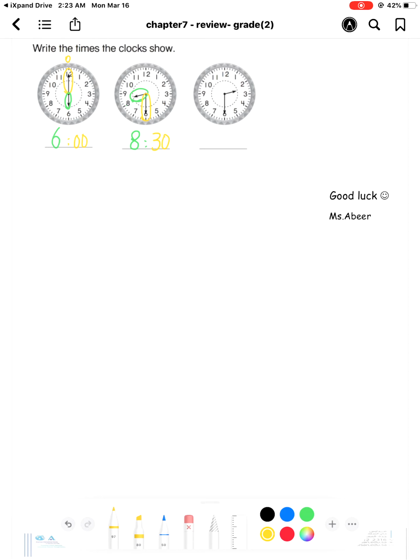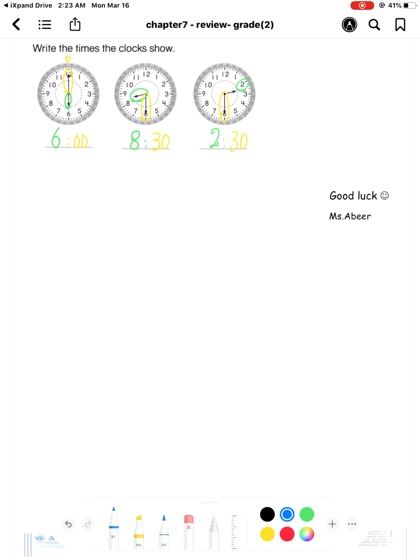Now let's move to the last clock we have for today. The hours hand is at 2, so we are writing 2 here. And what about the minutes? Excellent. Good job. The minutes hand is at 6, so it's 30 minutes, half an hour.